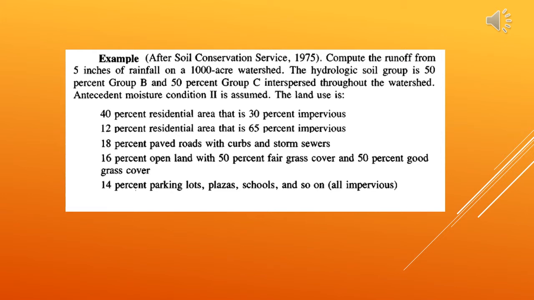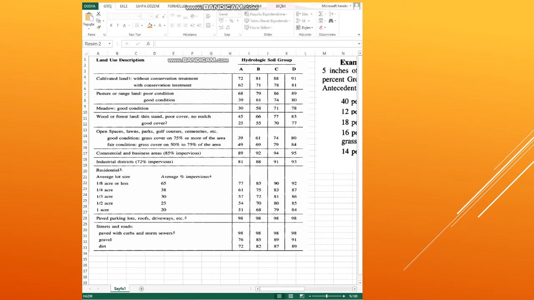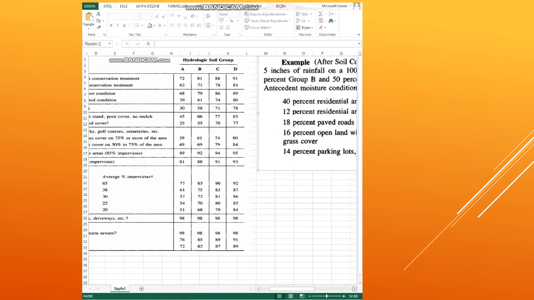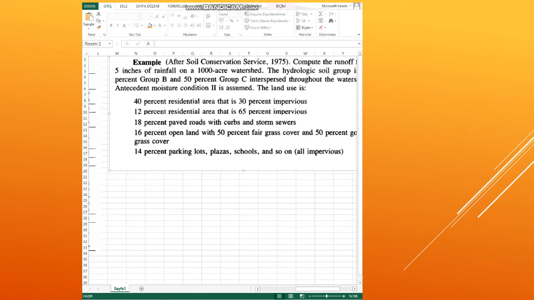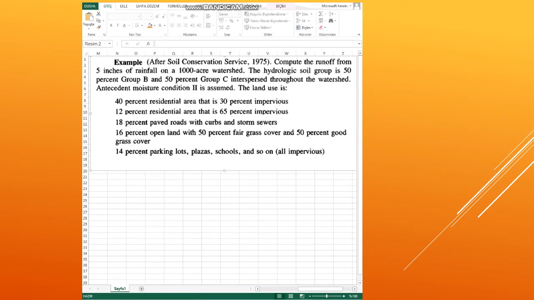So we are going to calculate the direct runoff from 5 inches of rainfall for the 1,000-acre watershed. For our question, we are going to use the AMC2 curve number tabulation table. I already plugged in our question, and let's write the table in order to solve it better.